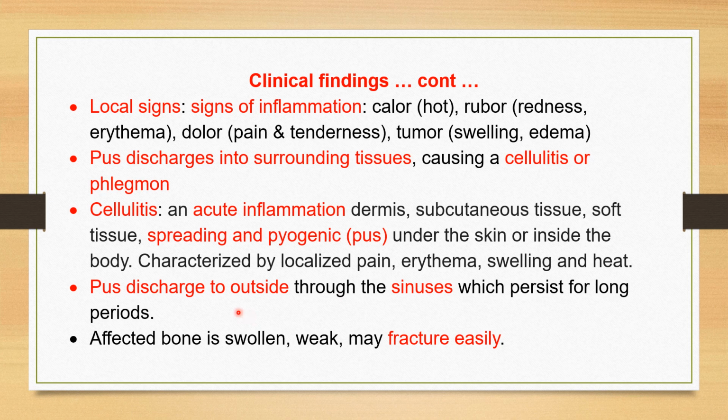In some of the cases, pus discharges to the outside through a sinus. It is a tract discharging pus from inside of the lesion to the outside, and this condition will persist for a very long period. The affected bone is swollen, rarefied, becomes weak, and may fracture very easily.